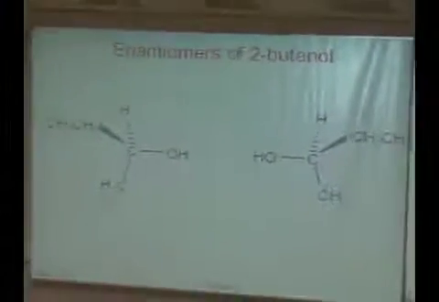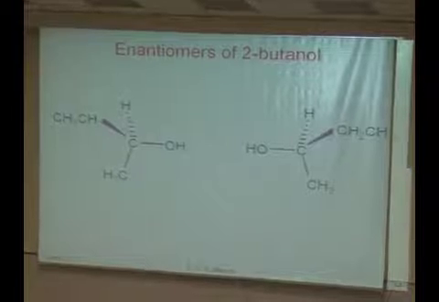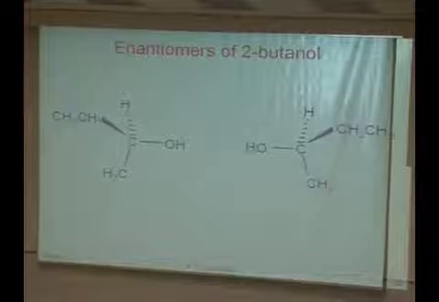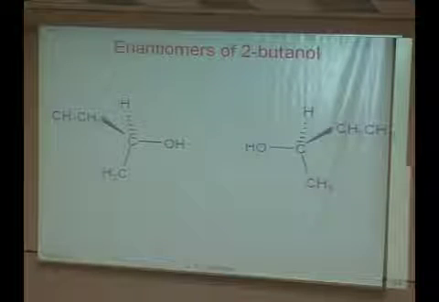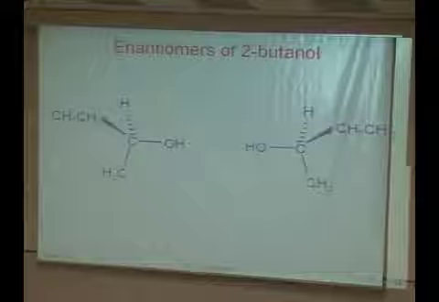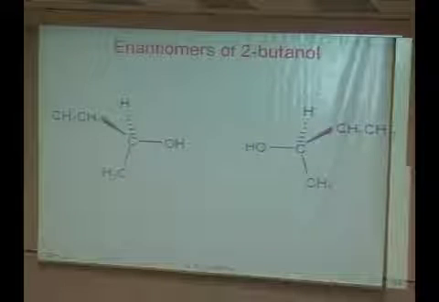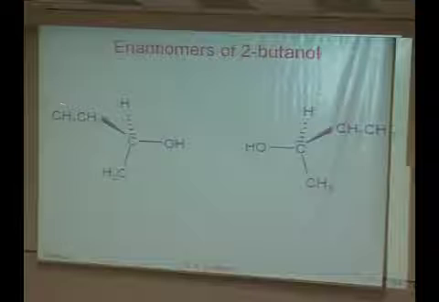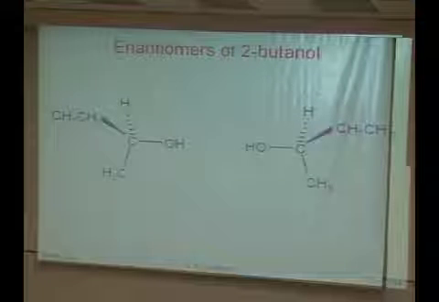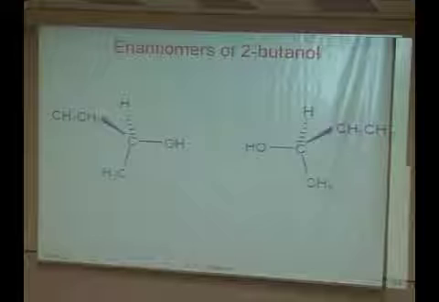For instance, if we are looking at these 2 enantiomers, which one has the highest priority? The oxygen. So that's 1. Where is the second in priority? CH2, CH3. I have the carbon bonded to carbon, hydrogen, hydrogen. The carbon is bonded to 3 hydrogen. So I have 1, 2, 3.